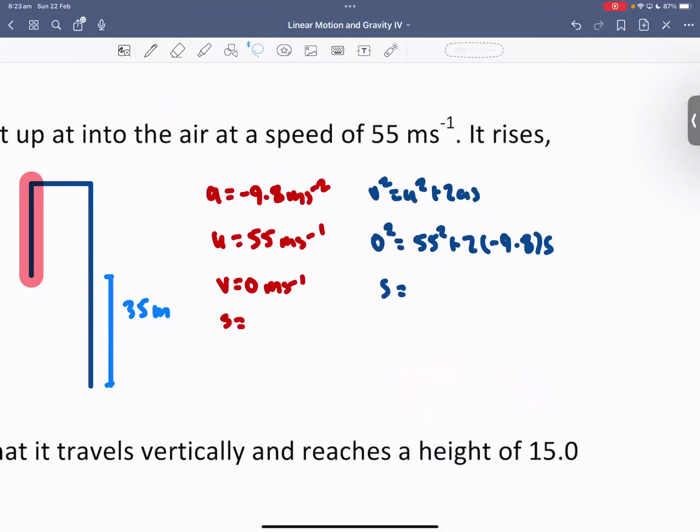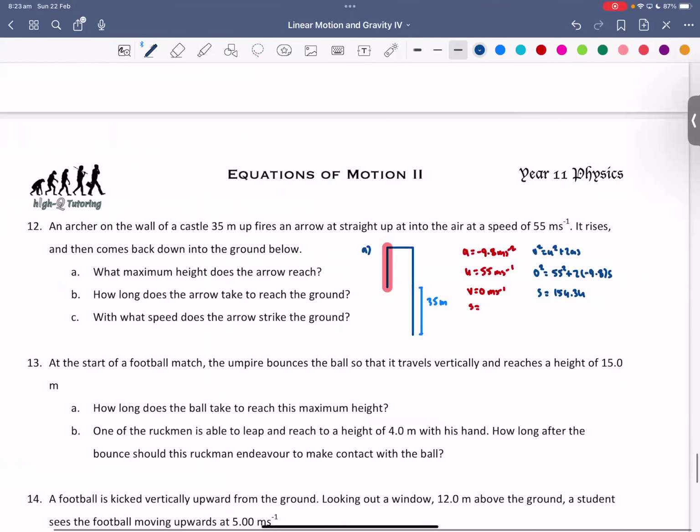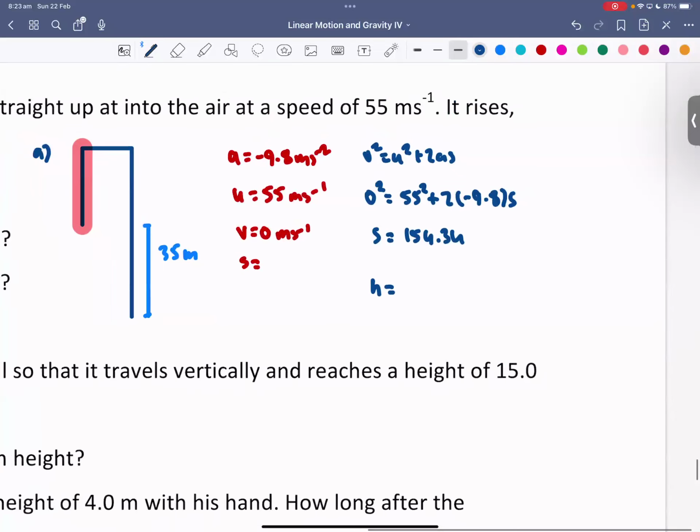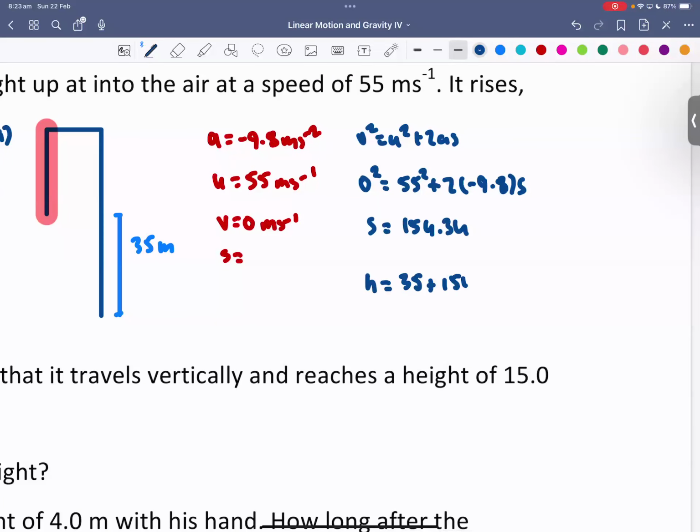What's 55 squared divided by 19.6? 154.34. All right. So what's the maximum height that the arrow reaches? The maximum height that the arrow reaches is the 35-meter head start plus 154.34. And with 3 significant figures, 189 meters. That is the height reached.